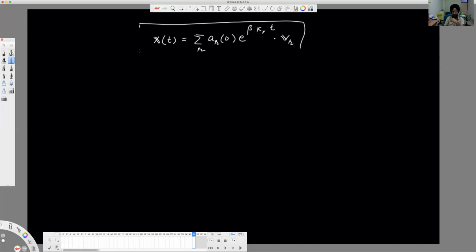Now, the leading term of this equation would be determined by the leading eigenvalue and the leading eigenvector.